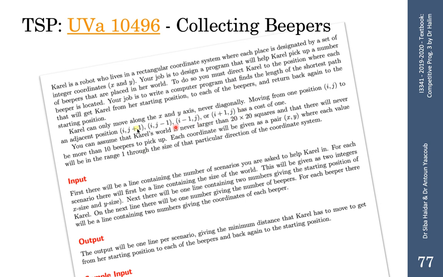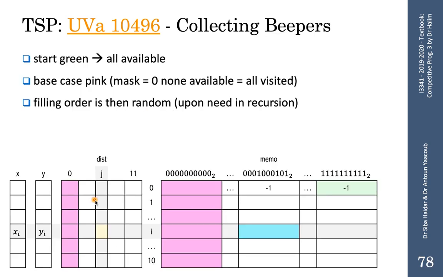And the beepers are at positions, and the robot can only move up, down, left, right, and not in a random or diagonal way. This is used to calculate the distances between the different beepers. So this is a direct application of the problem, and we will proceed by using this dynamic programming solution.